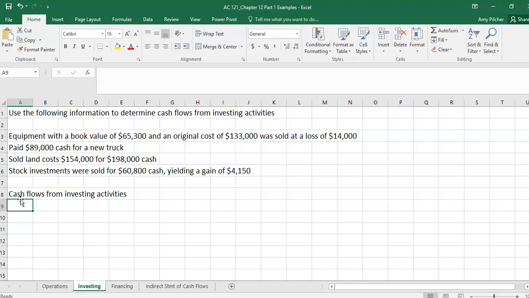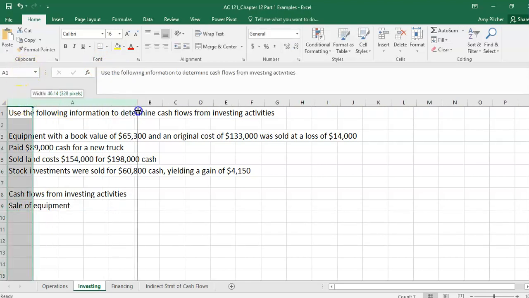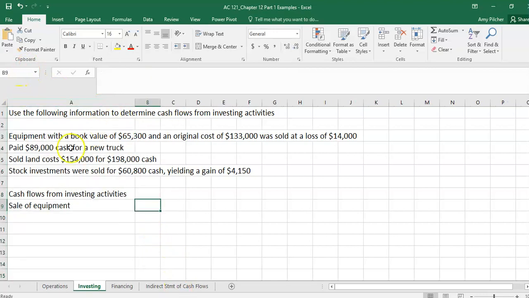So first, we receive cash from the sale of equipment. What we know is that it has a book value of $65,300 and we had a loss of $14,000.